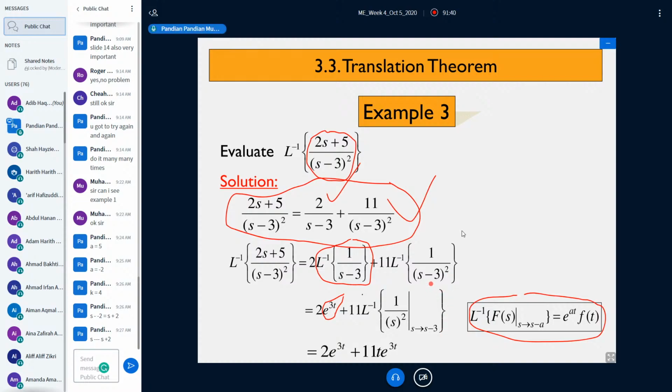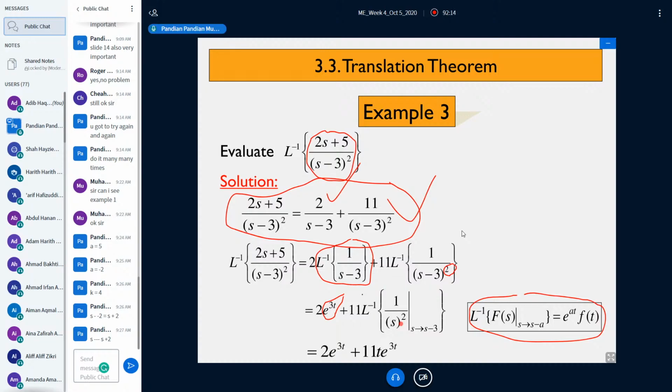This formula is a square, so you cannot have e^(at) directly. So according to the formula, the inverse Laplace of F(s minus a) is e^(at) f(t). This (s minus 3) squared, you can write as s squared, but s is s minus 3.